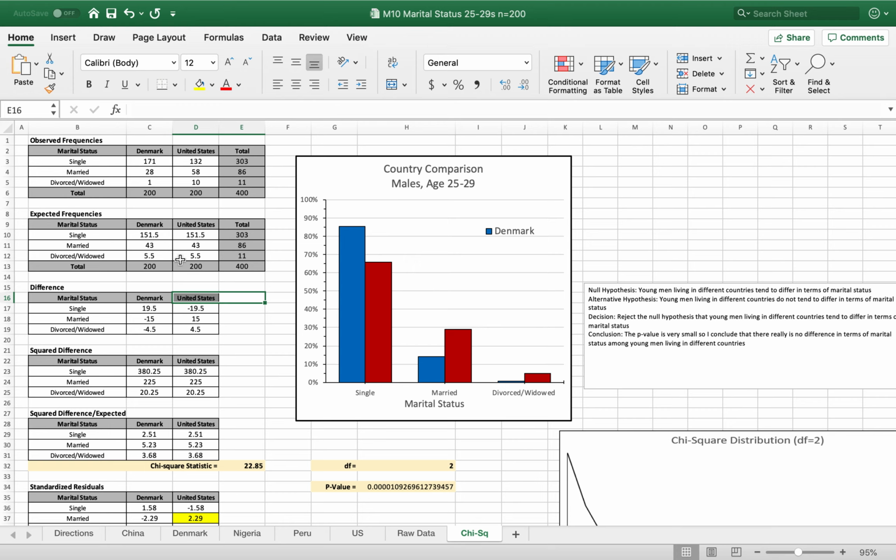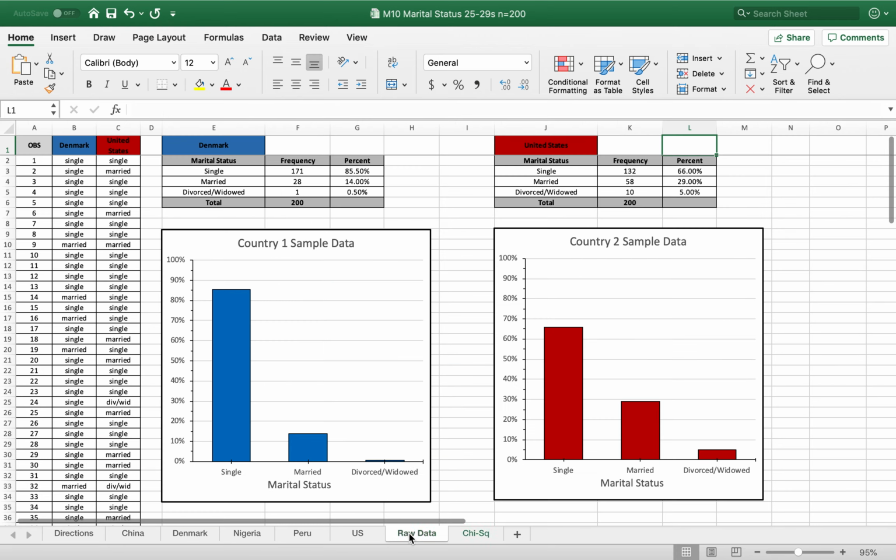Since we were looking at the distribution, we'll go back to the raw data. We're looking at the distribution, which is particularly the percentage of each country. We are looking at the percents of group 1 and comparing them to group 2 and seeing if they are more different than what we would expect due to random chance.